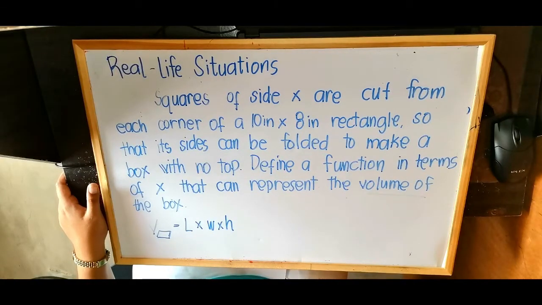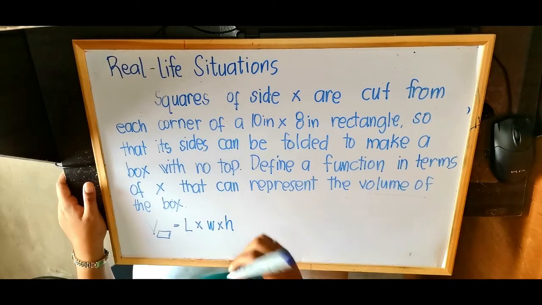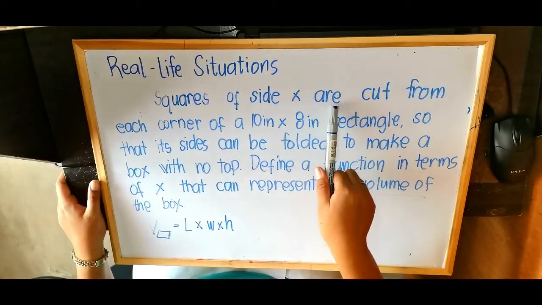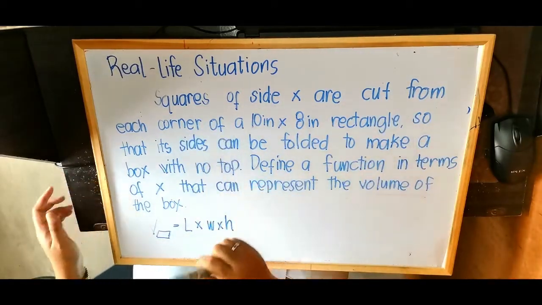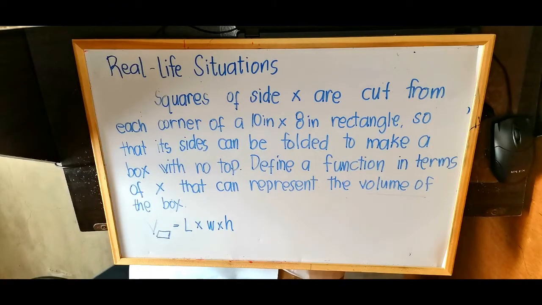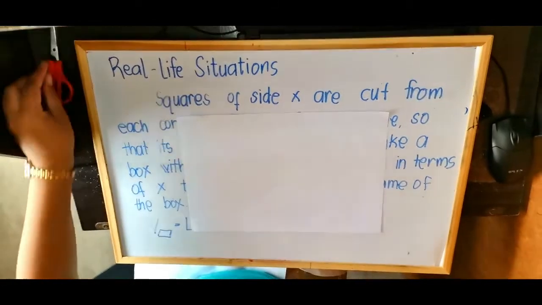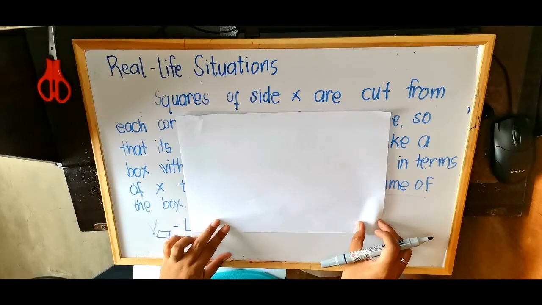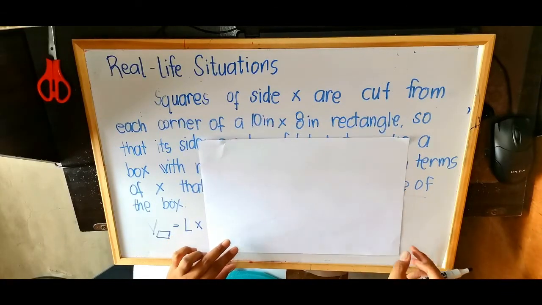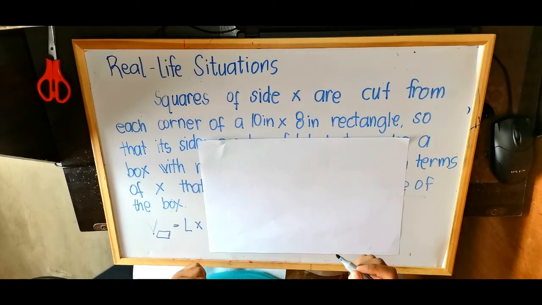So, let us imagine first yung rectangular box na yan. So, nakalagay dyan is squares of side x are cut from each corner. So, let us imagine this rectangle. You have to cut x from each corner. So, square, which sides is x unit or its measure is x.